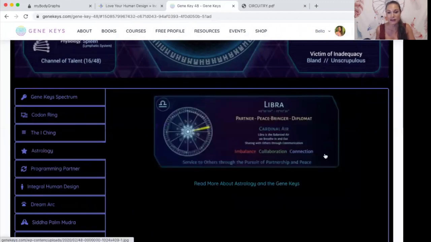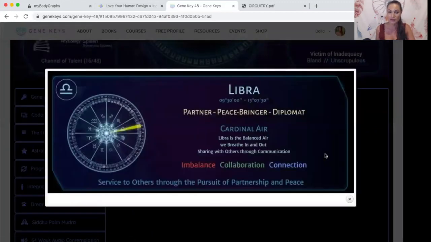Astrology, so we are still in Libra. So here we have the partner, the peace bringer, the diplomat, the collaboration, the connection. And that's a lot what the EQ is about. It is the connection, the collaboration, and the trust that we can, in relationship, be understood. We can have peace. It can be like the scales of the Libra.